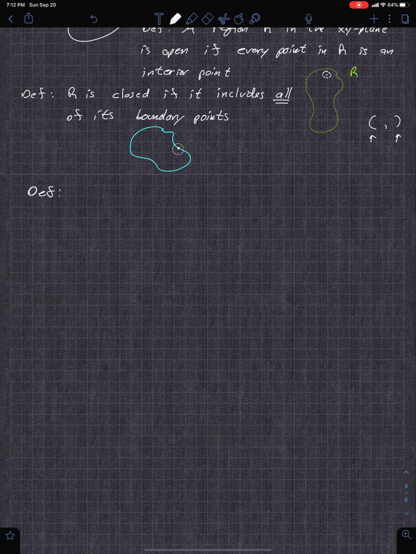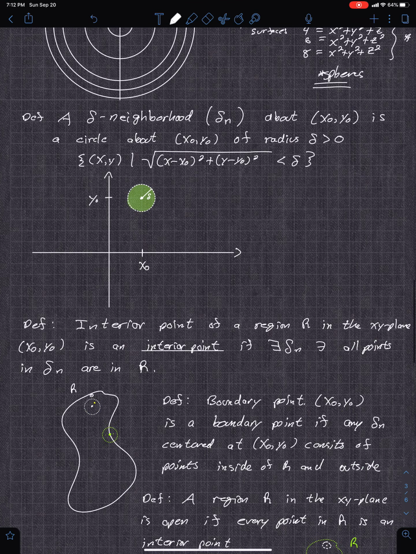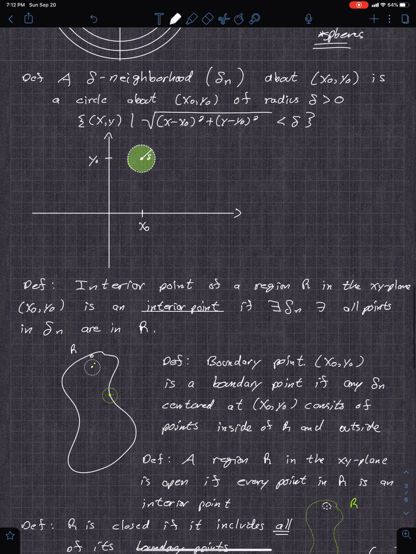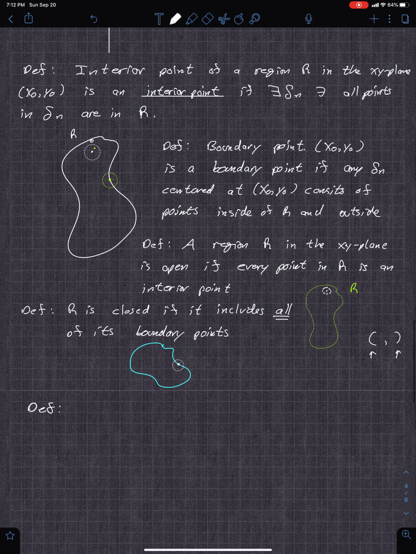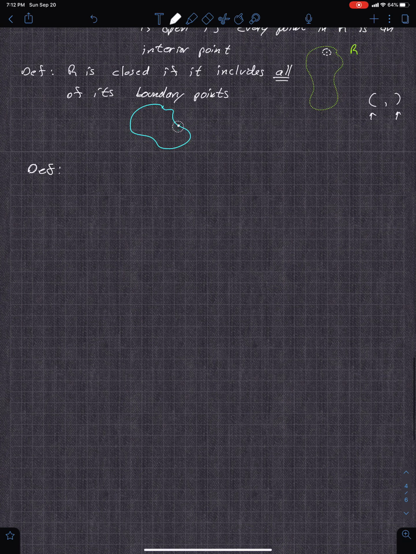So definition is this. Two things, bounded and not bounded.